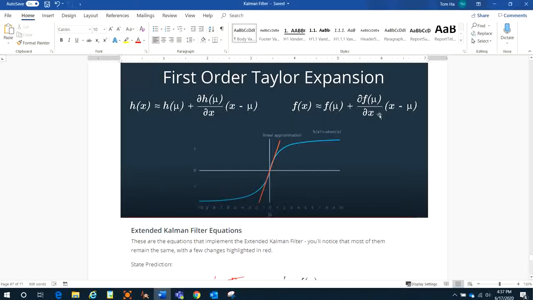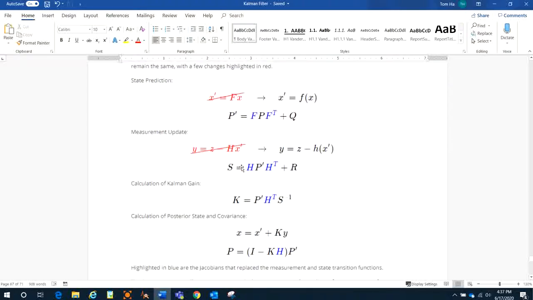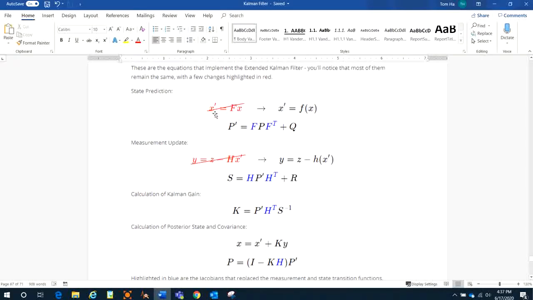And if you have the nonlinear state transition function in the prediction step, you can use the same thing for the measurement function right here, to apply the measurement update. So I bring this here to help you remember how to apply the extended Kalman filter. For the standard Kalman filter, it works for a linear function.